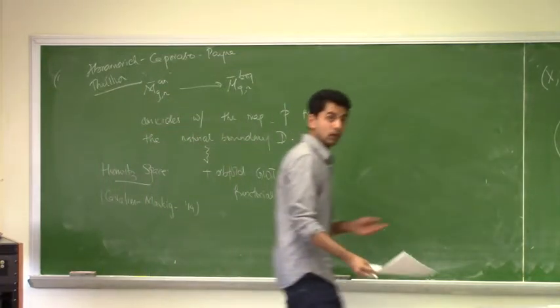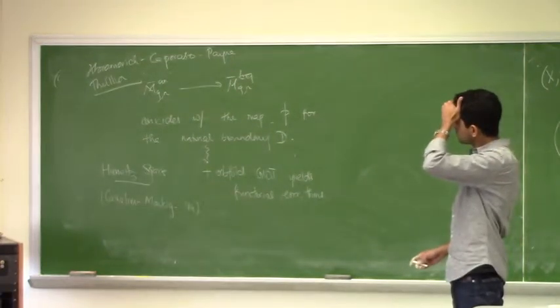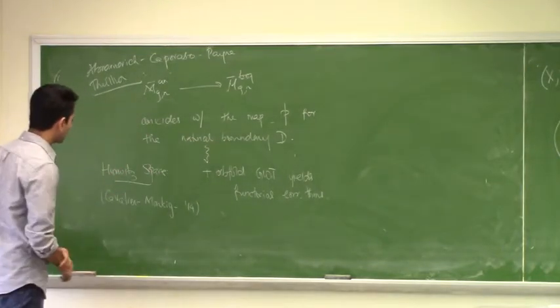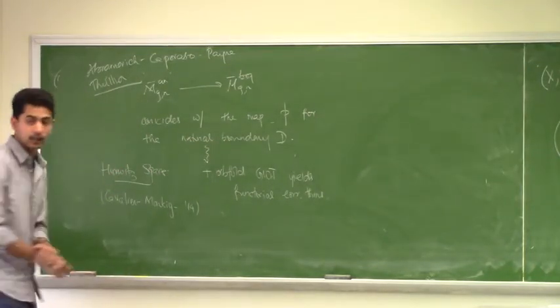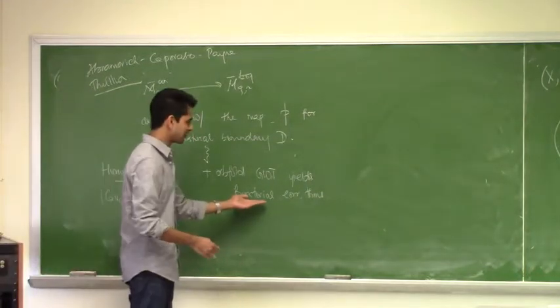Okay, 10 minutes. Okay. So now, this gave us some hope, but still I'm a ways off from. Okay, maybe I should say, what do I mean by functorial correspondence theorem?